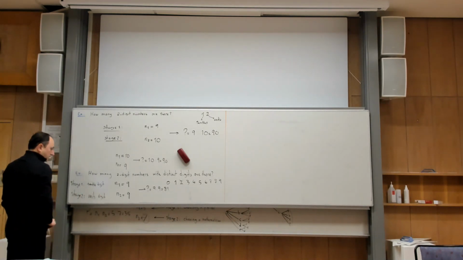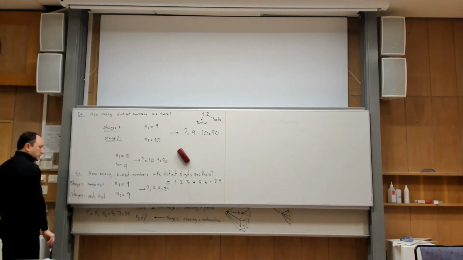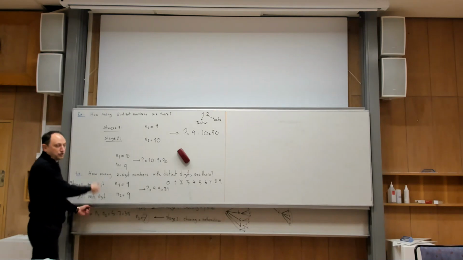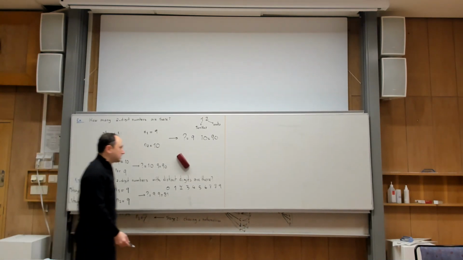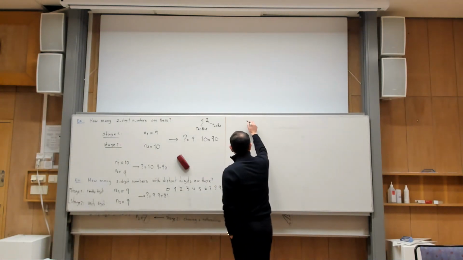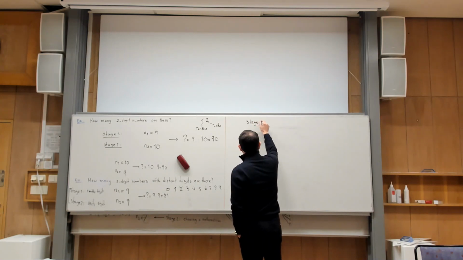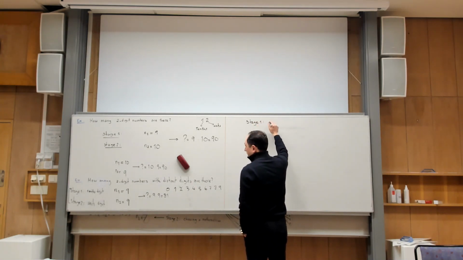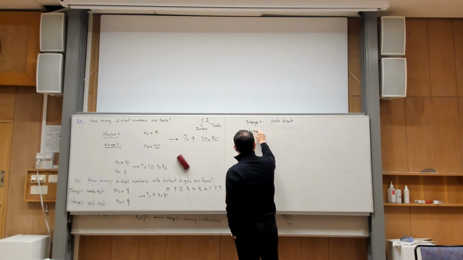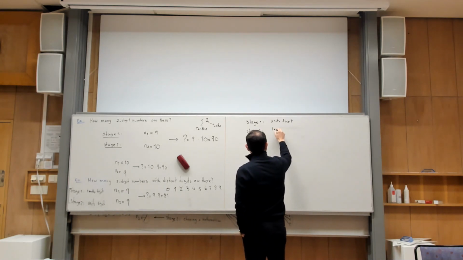This is the way that I define it myself. I am free to choose whatever I like, okay? This was the natural way to do it. Now, for understanding things better, I am asking you this question. Could I have chosen stage number 1 to be the units digit, and stage number 2 a tens digit?